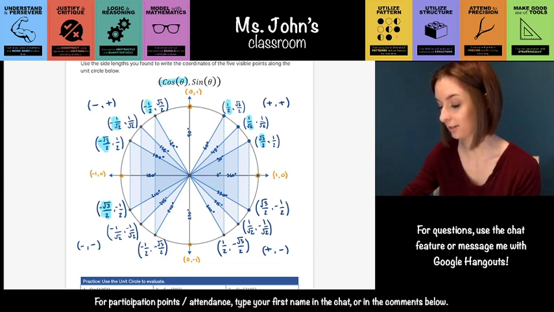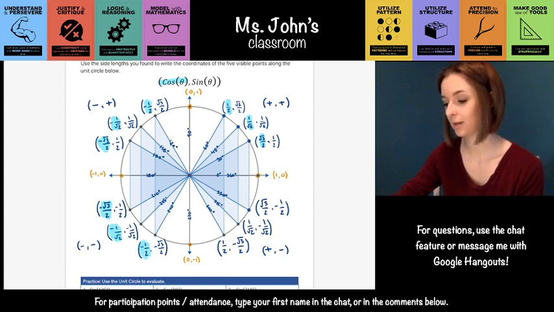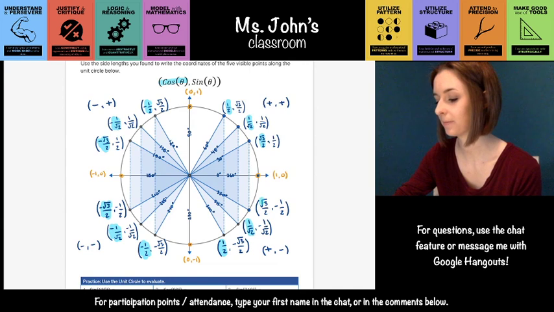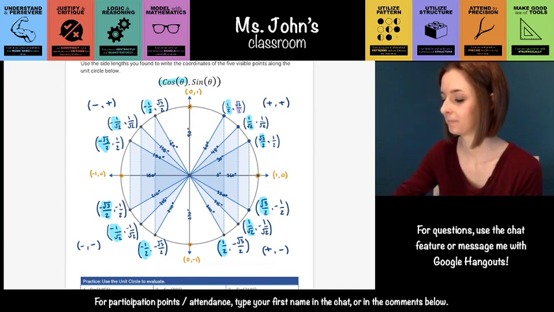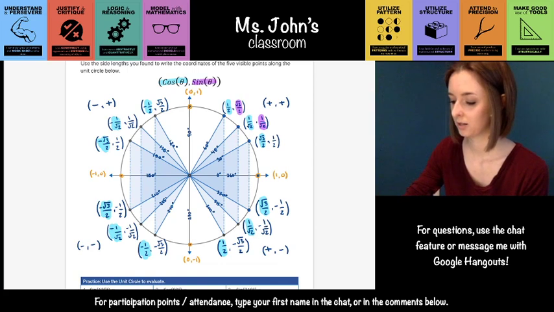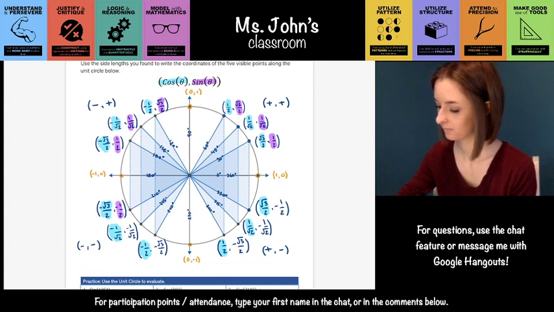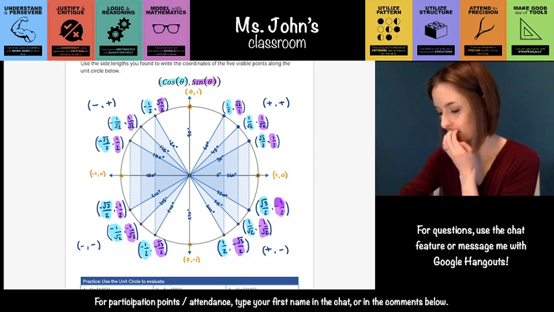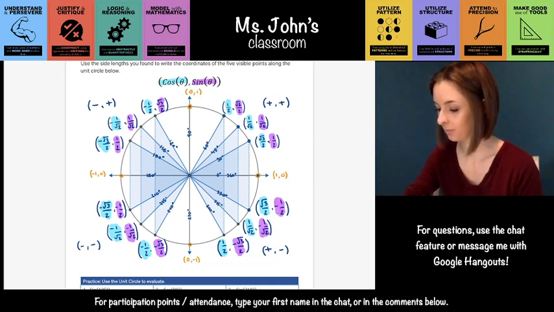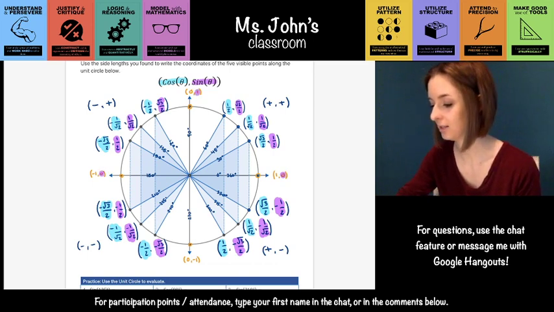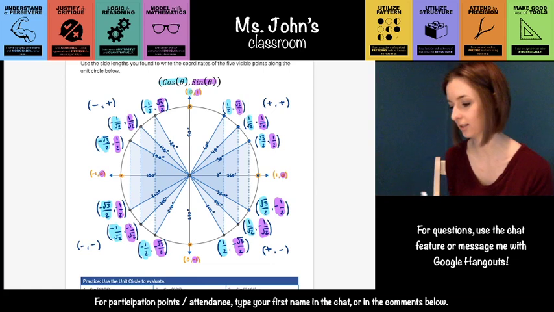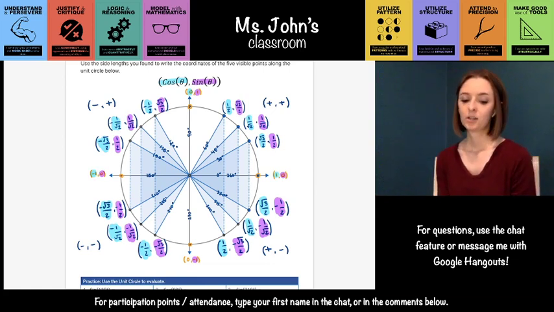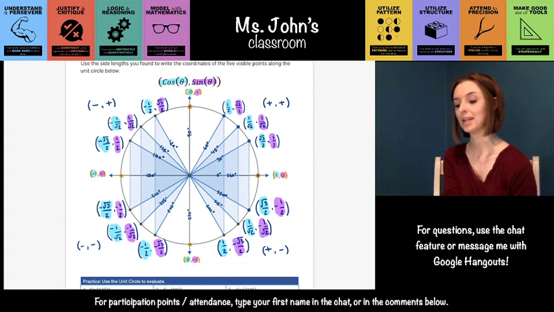Because we're using this as a reference, it makes it easier to find values of sine and cosine. Also highlight the same x and y values on your axes points because those are also valid and important. So cosine of those reference angles is in blue and sine of those reference angles is in pink.